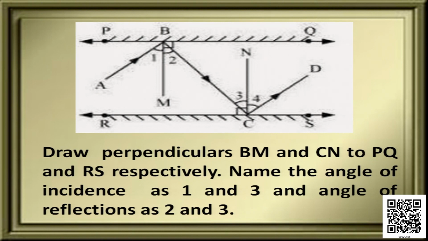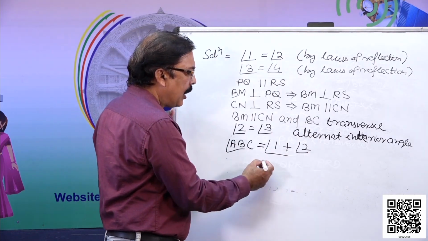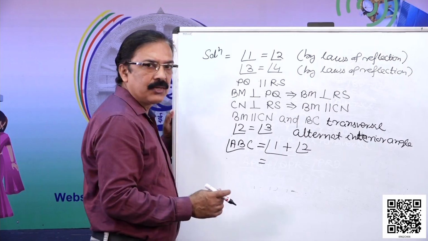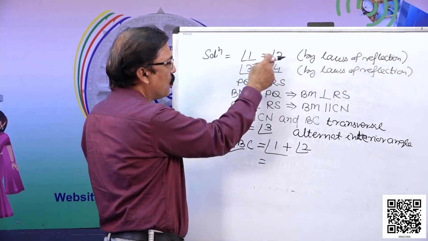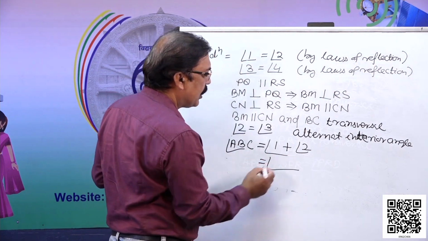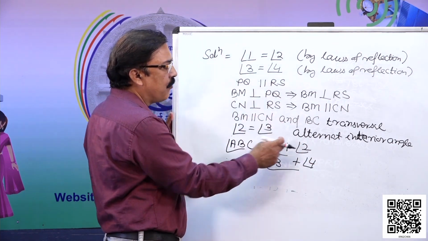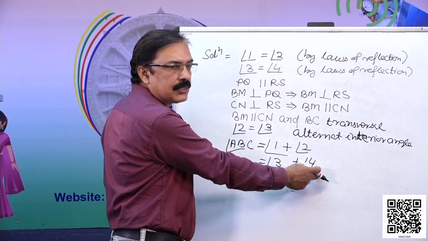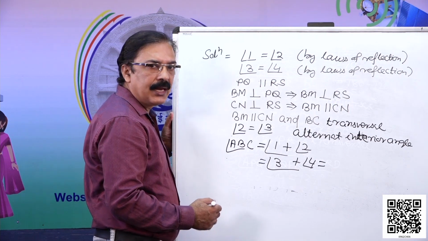So angle 1 plus angle 2. 1 equal to 2, 3 equal to 4, and 2 is equal to 3. So 1, 2, 3, 4 all are equal. From this we can write that in place of 1 plus 2, we can also write 3 plus 4. And this 3 plus 4 gives angle BCD.